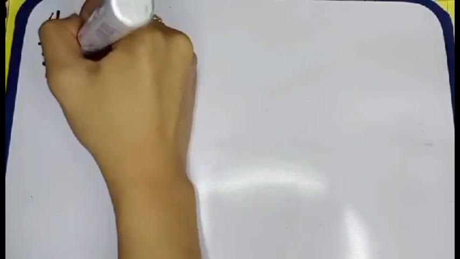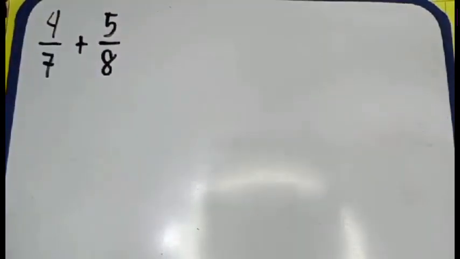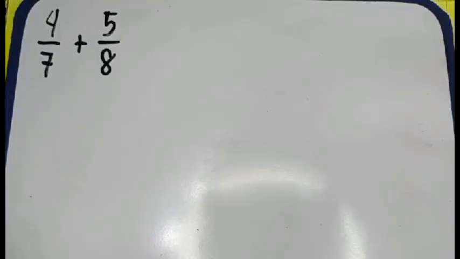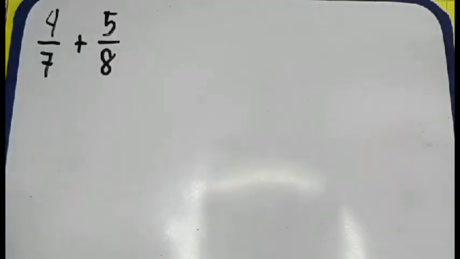As our last example for the addition of dissimilar fractions, we have 4 over 7 plus 5 over 8. The fractions have unlike denominators, so let's first find the LCM of our denominators 7 and 8. And that is 56. 56 now is our denominator.